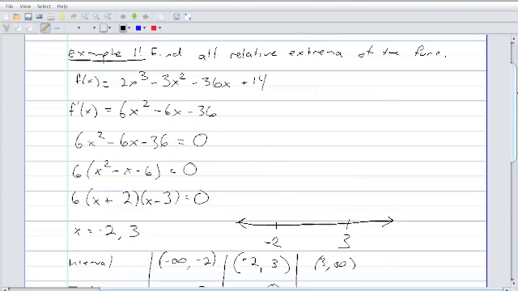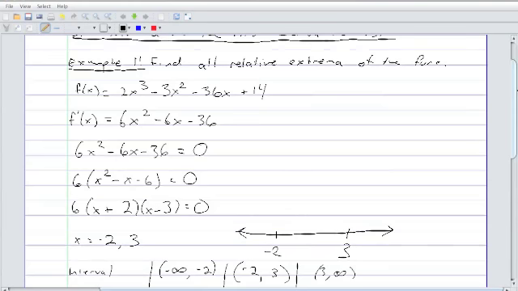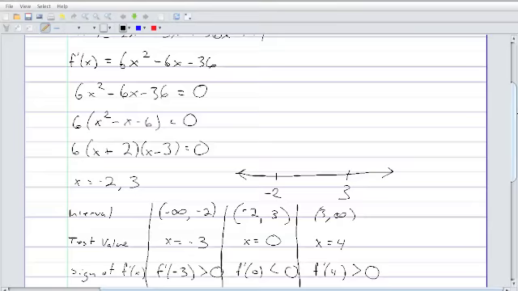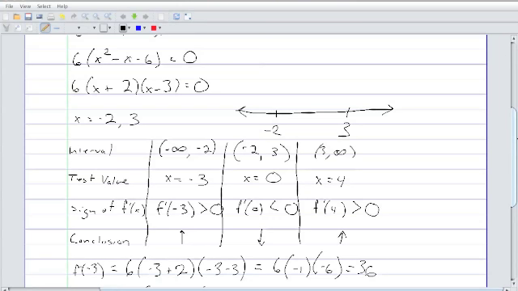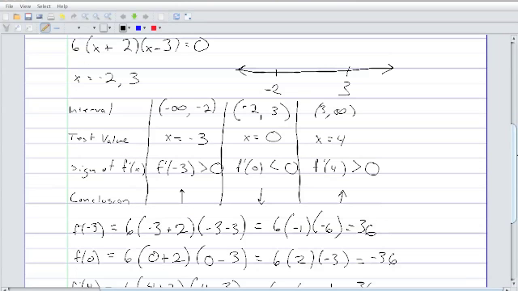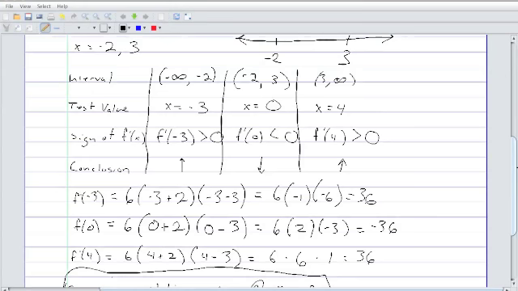Okay. So find all relative extrema of this function. F prime, set it to 0. We found all the values of x that make f prime either 0 or undefined, and that gave us x equals negative 2 and x equals 3. So then we set up our intervals to test. We chose proper test values.